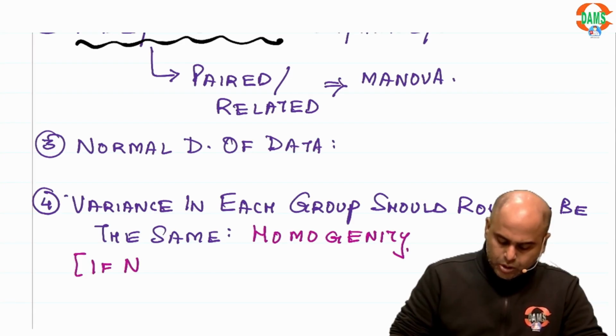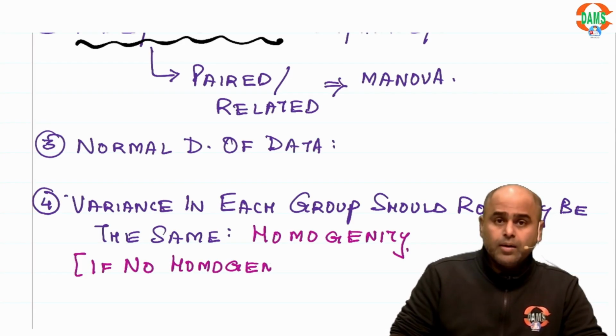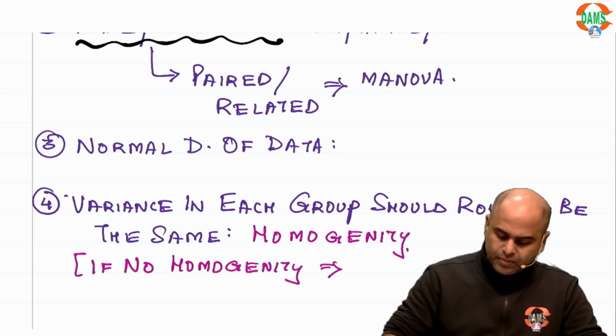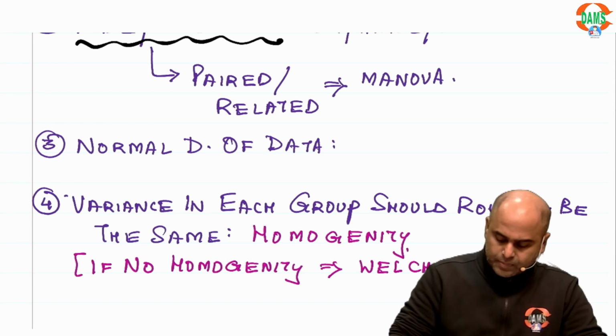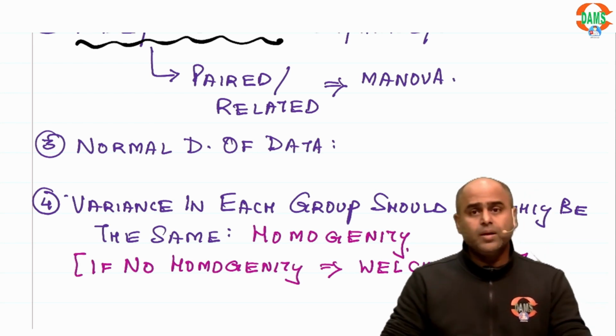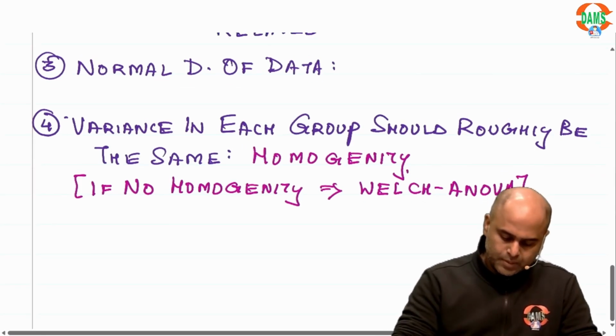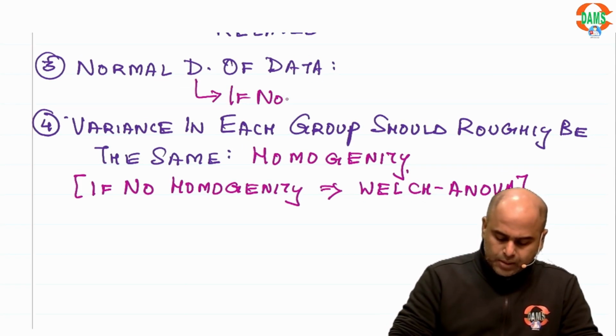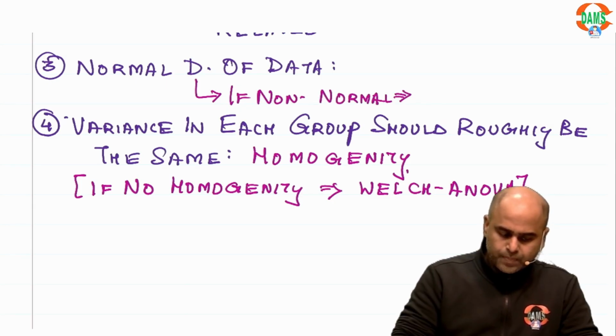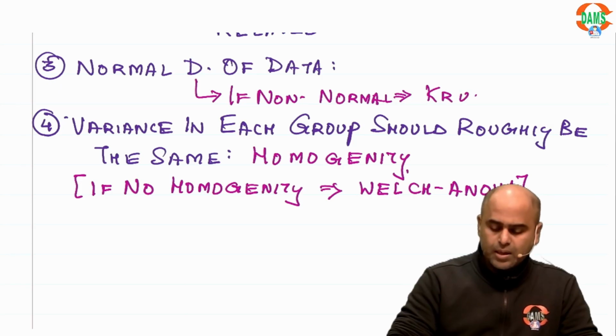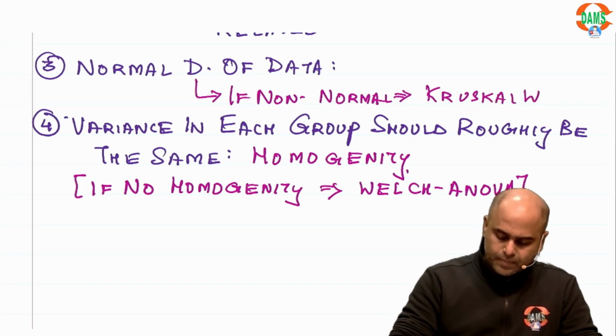If there is no homogeneity, then the variant which is used is something called a Welch ANOVA. Similarly, if non-normal, then the test which we use is called Kruskal-Wallis.